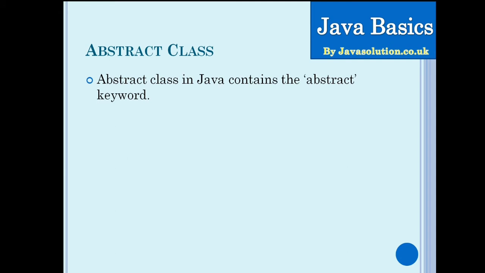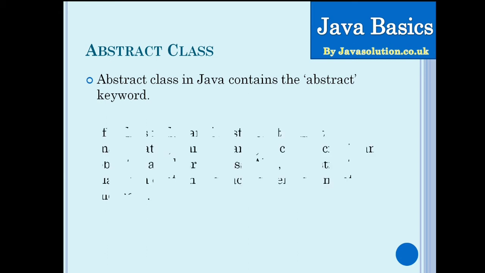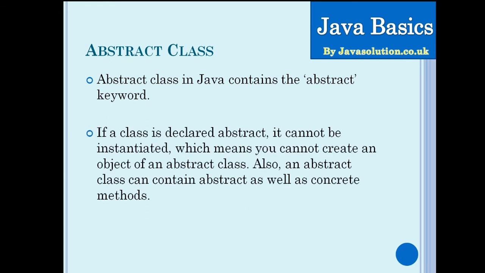An abstract class in Java uses the abstract keyword. If a class is declared abstract, it cannot be instantiated, which means you cannot create an object of an abstract class. Also, an abstract class can contain abstract as well as concrete methods.